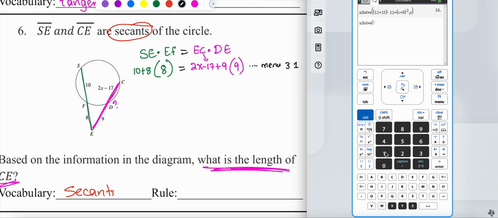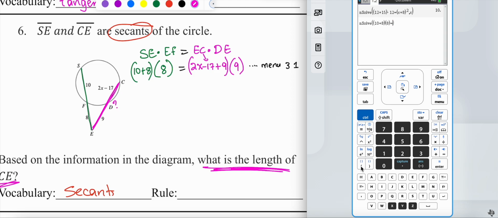And I'm going to put this part in the parentheses. So I'm going to have parentheses 10 plus 8, close parentheses, open parentheses, 8, close parentheses, equal. And I'm going to put all of EC in parentheses.